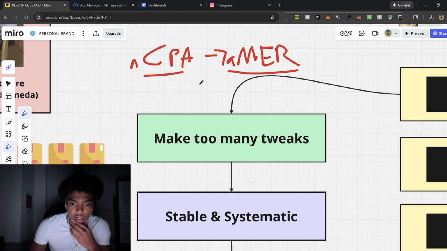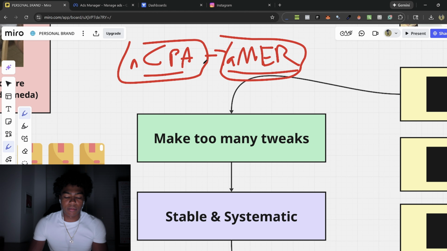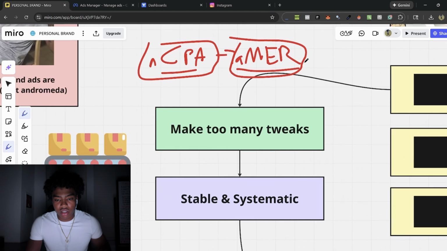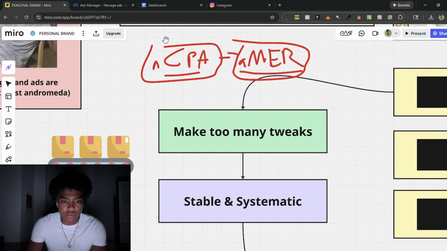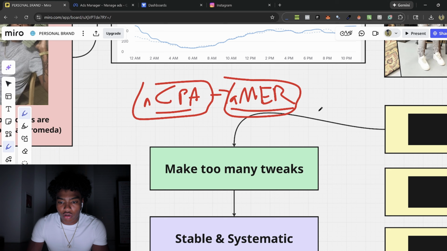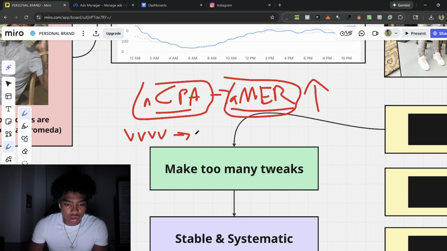And essentially, when you're looking at these metrics, if you're hitting your KPI, because obviously you have break-even ROAS and KPIs that you need to hit in order to scale, right? If you're hitting that KPI, then you already solved the problem, and you just need to scale your budgets. You know what I'm saying? Because like I said, if you're introducing all these variables, then the end result becomes unstable.